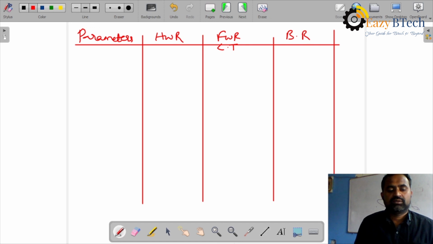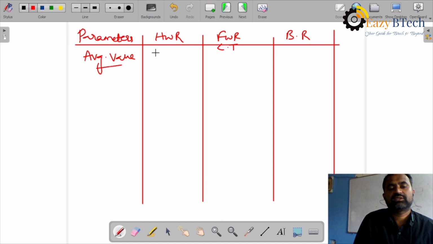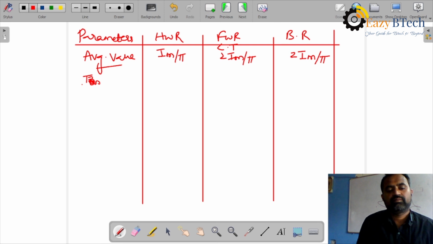Okay, students, first average value for half wave rectifier is Im by pi. For this it is 2Im by pi. For bridge rectifier it is also 2Im by pi. Next, RMS value.